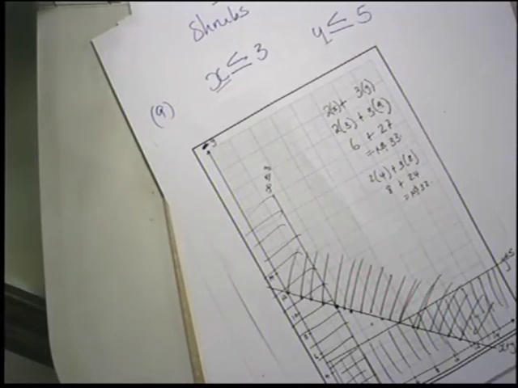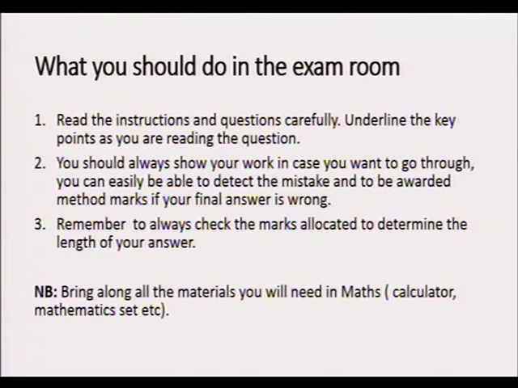All right, finally, what you should do in the examination room is read the instructions carefully and underline the key points as you are reading the question. If you saw me when I started reading the question, I wrote something already, so as not to go back and reread again. You should always show your work in case you want to go through again, and you can easily spot any mistake, and you can also be awarded a mark for the method.